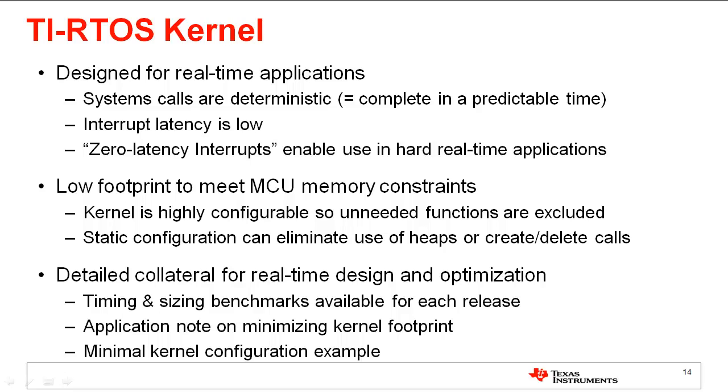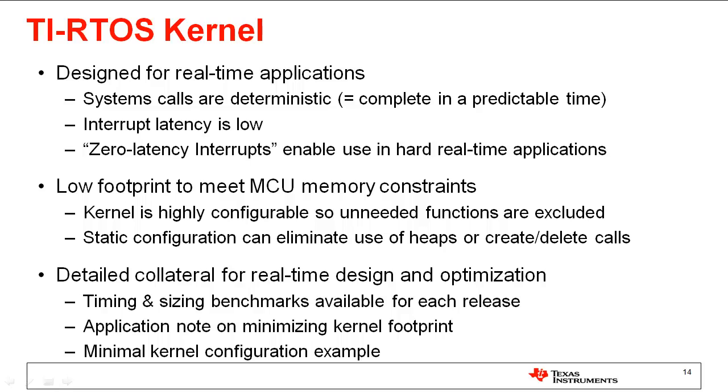How long does a semaphore post take when there's a context switch associated with it? So you can look at the different parts of your application and see, if I want to complete this response to an interrupt in this particular time, can I make a semaphore post, have a context switch, run this function of the task, and be sure it will execute in that time?